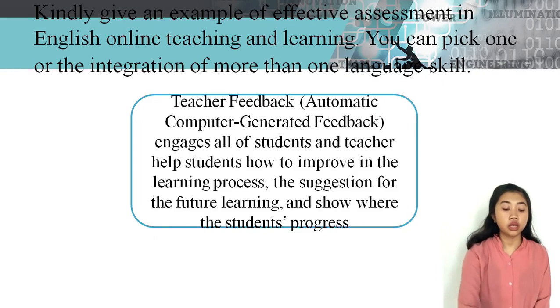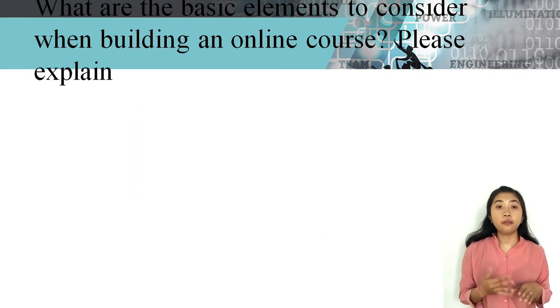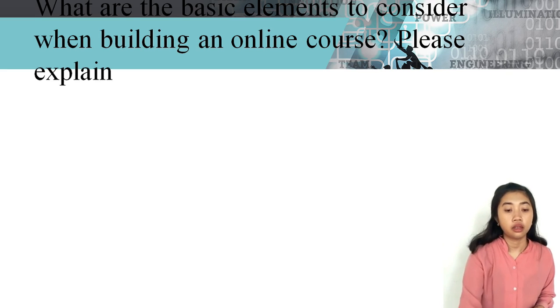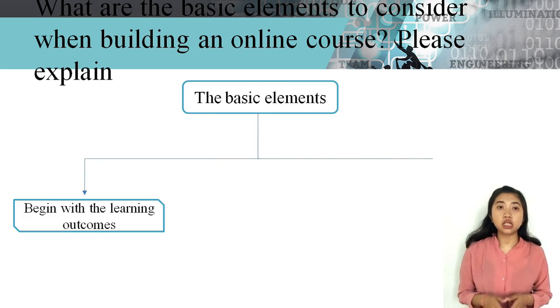So next question is, what are the basic elements to consider when building an online course? Please explain. So the basic elements, the first is begin with the learning outcomes. Every unit should have one learning outcome.